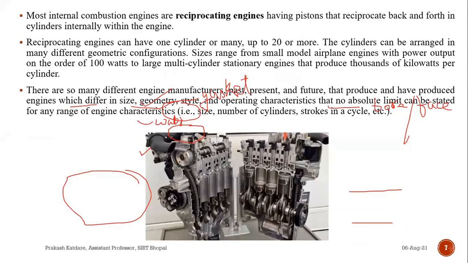In this engine, if you see here, the surface finish is very high. It is very finely surfaced, and this portion is known as the bore or face of the cylinder block.